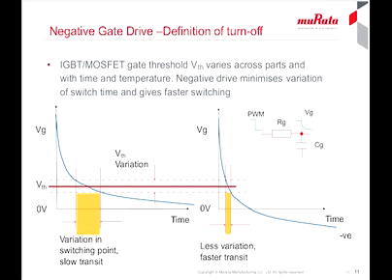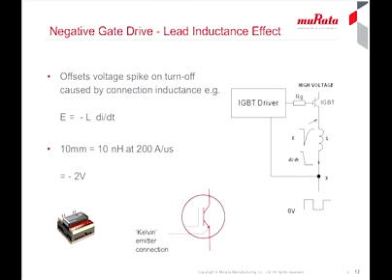If the off voltage is driven to 0, as shown in the left side plot, the voltage goes through the threshold point relatively slowly, and if the threshold can vary with tolerance, the switching point varies as well. If the target off voltage of the gate is negative, as shown on the right-hand plot, the threshold is passed more quickly, with less variation in the switching point with time and less risk of excessive power dissipation during the switching edge.